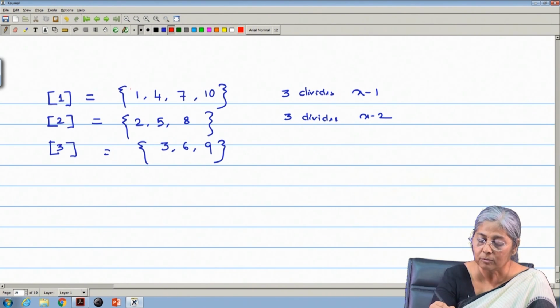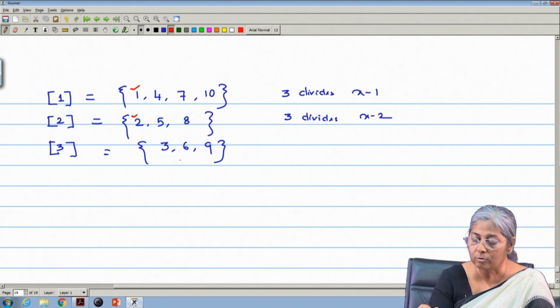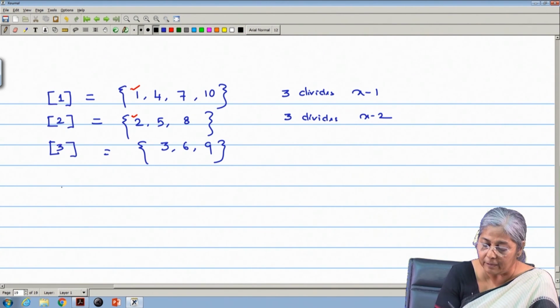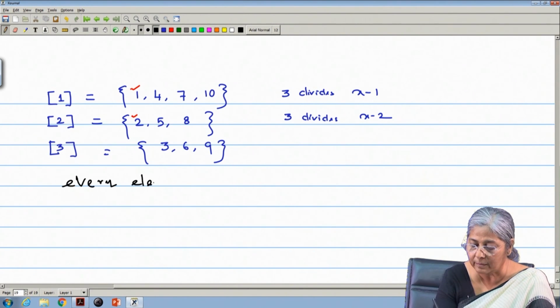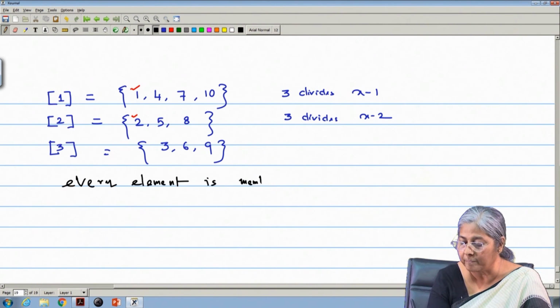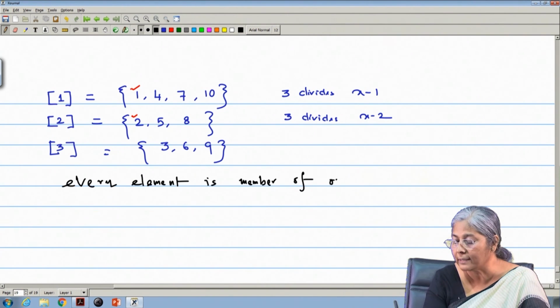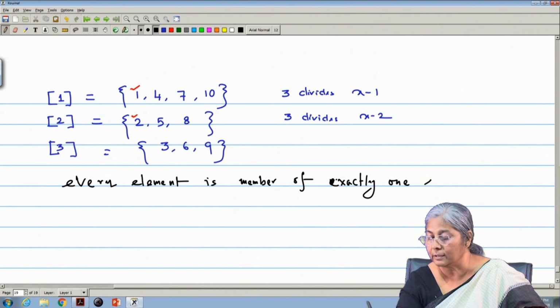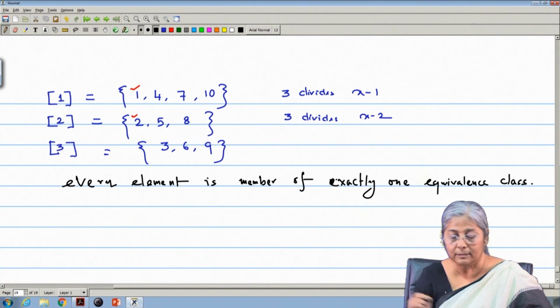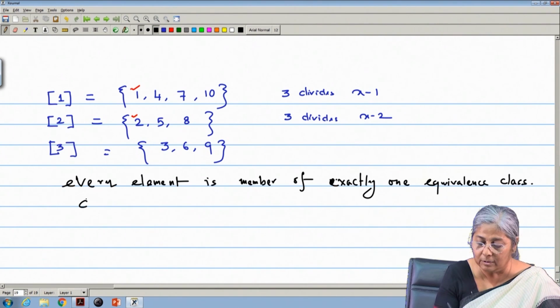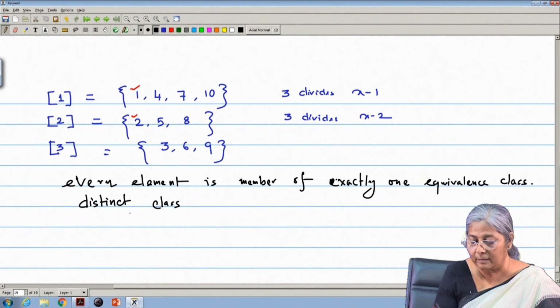If we consider, say, here 1 is here, 2 is here, so every element is a member of exactly one equivalence class, and these classes are all distinct.